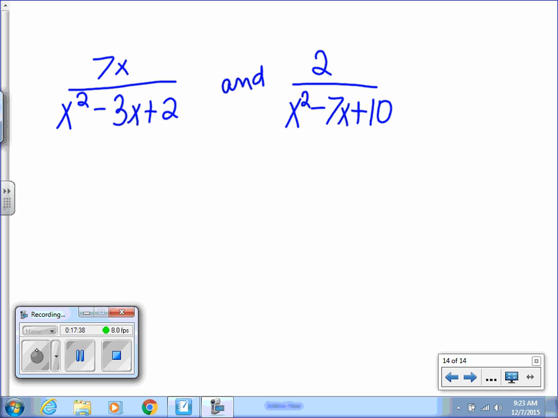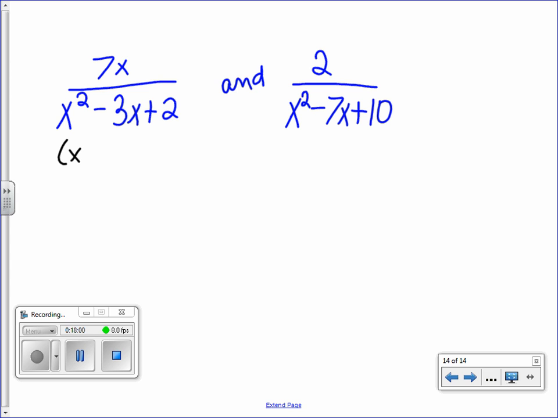Okay, so x squared minus 3x plus 2, x squared minus 7x plus 10. What has to happen here? You have to factor both of them and compare the factors of both. Yes. Okay, so factor both and compare the factors of both. So, alright, what did this one factor to? Okay, and what did this one factor to?